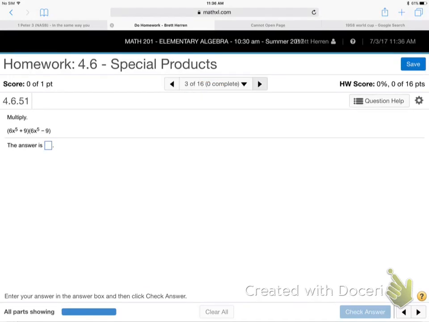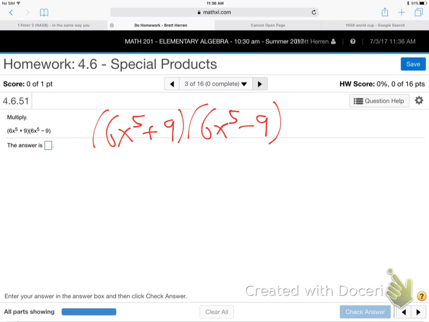All right, so it's (6x^5 + 9)(6x^5 - 9). So try that one. See if you can jump straight to the answer on that one.